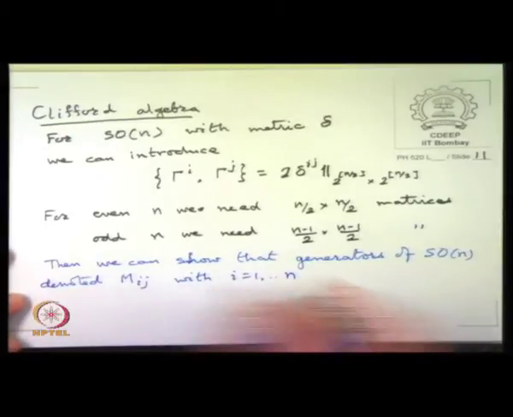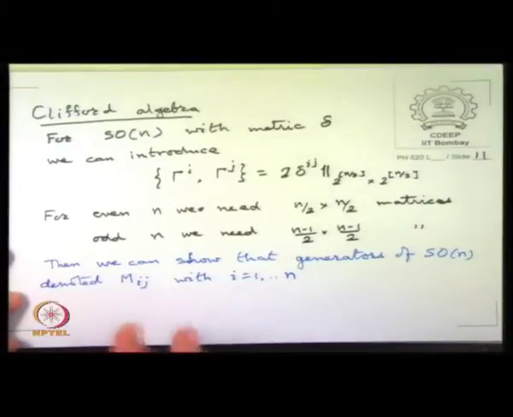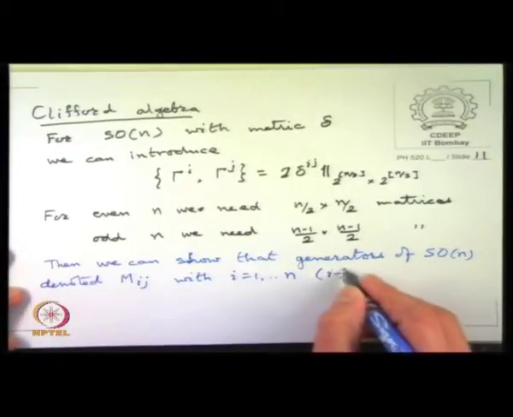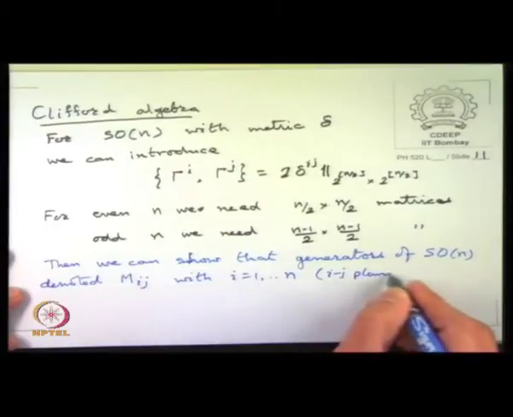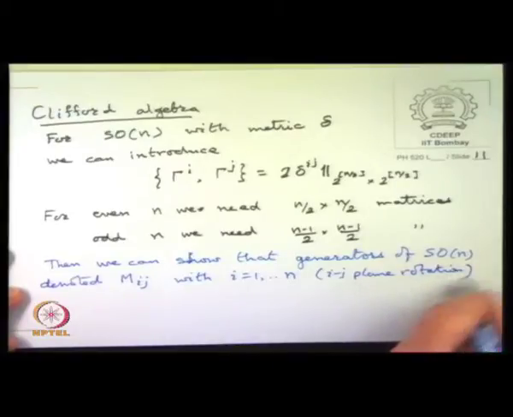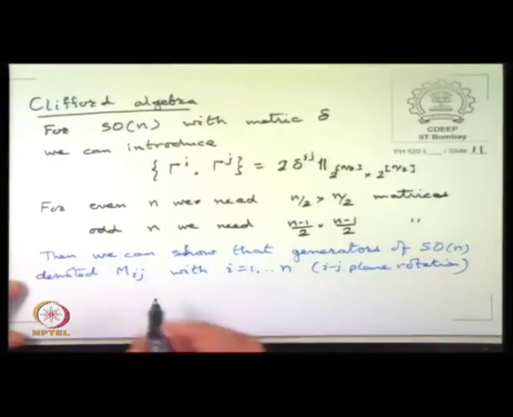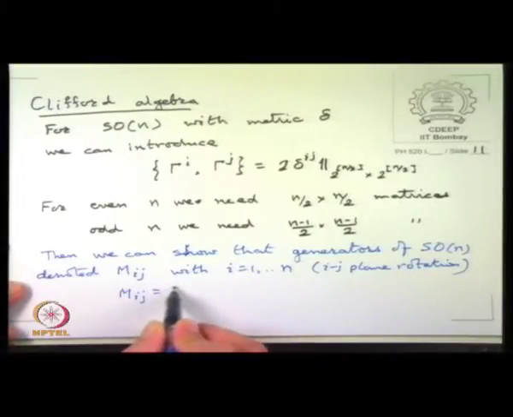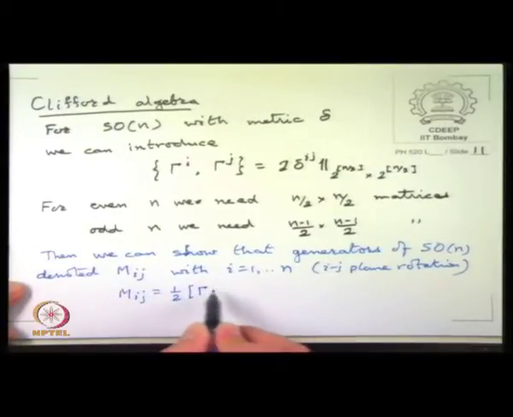So remember this is rotation in the ij plane. We can show that in fact Mij are equal to 1/2 the commutator of gamma i gamma j.